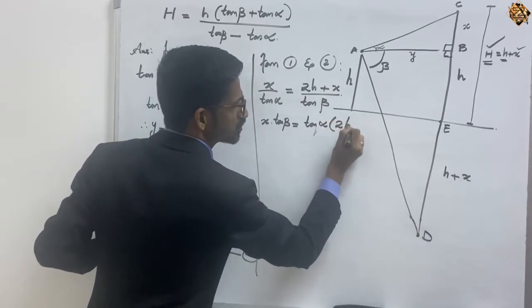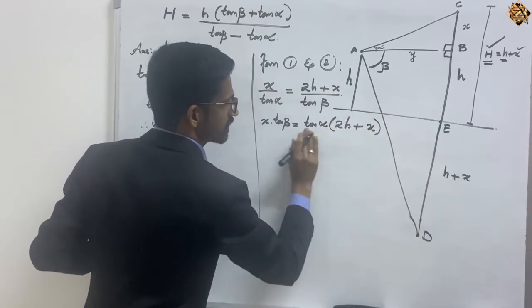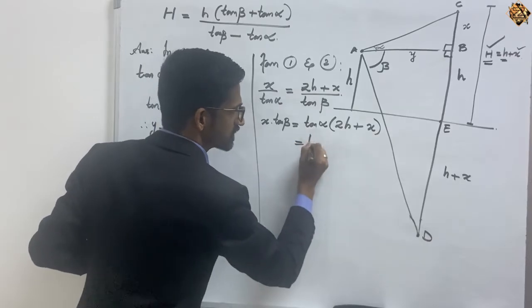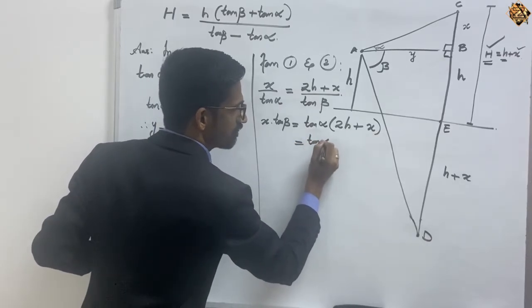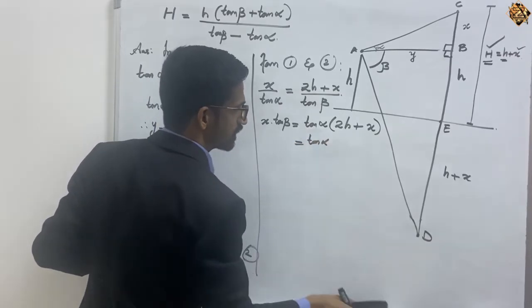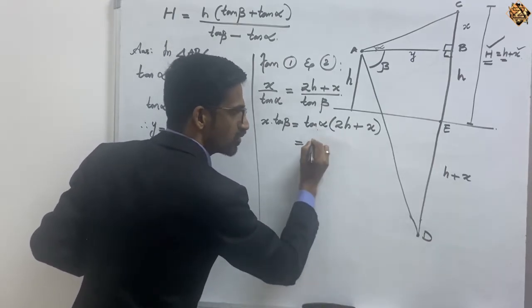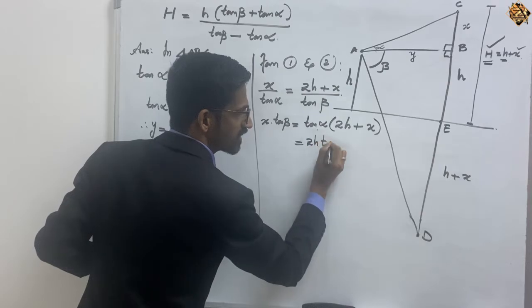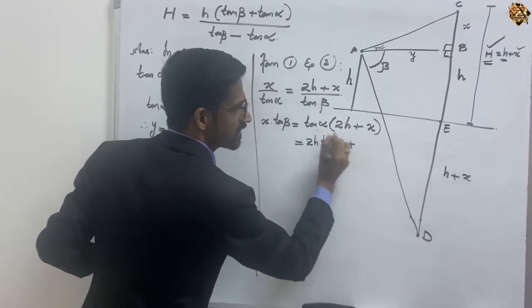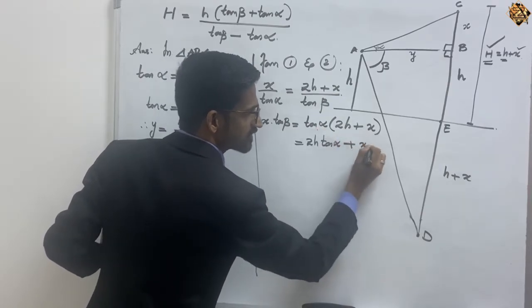We open the bracket: tan alpha into 2h is 2h tan alpha, plus tan alpha into x is x tan alpha.